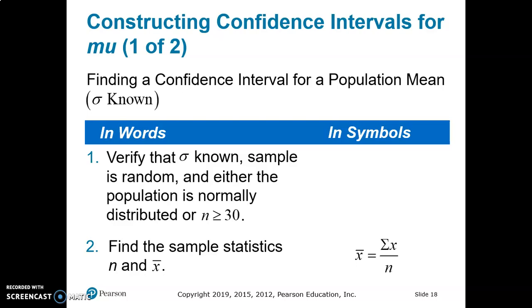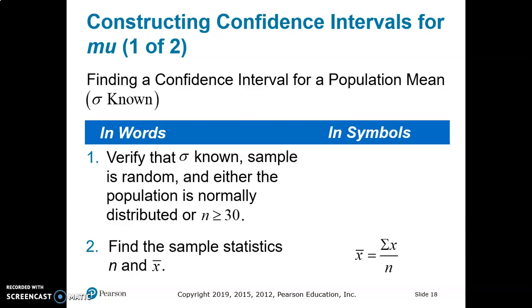Obviously, the more information you know, hopefully the math becomes a little bit easier, and that is the case here. You need sigma to be known. You need the sample to be random, because you don't want to introduce bias. And either the original population is normally distributed, or n is greater than or equal to 30. And this is just so the central limit theorem will take effect.